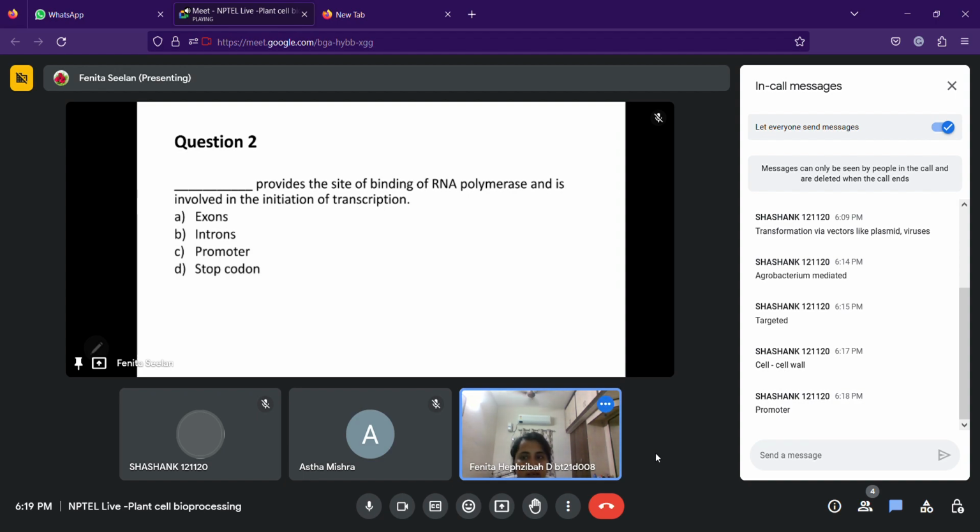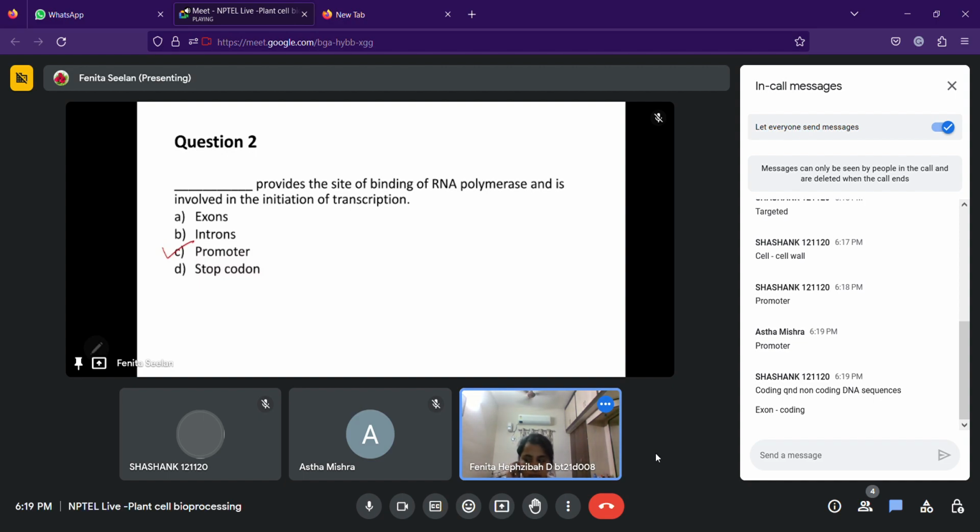So, what is exon then? Exons and introns? Which one is coding and which one is non-coding, Shashank? Yes, exon is the coding region and your intron is the non-coding region.